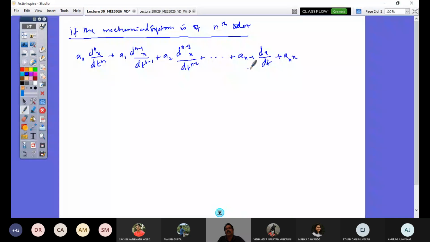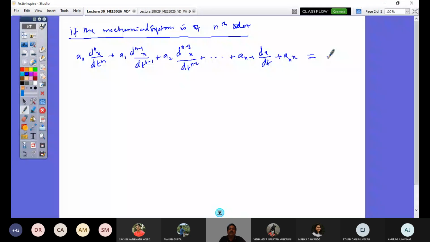This is equal to, on the right hand side, if I put 0, then it is a homogeneous system, an nth order ordinary differential system. But here I will have a forcing function, and that forcing function would also be represented by a differential equation.